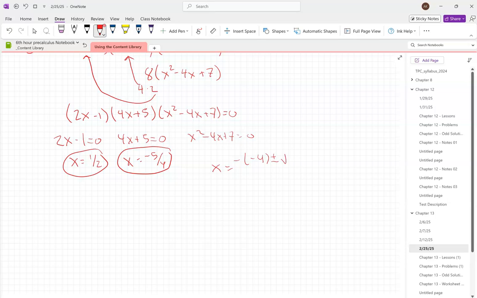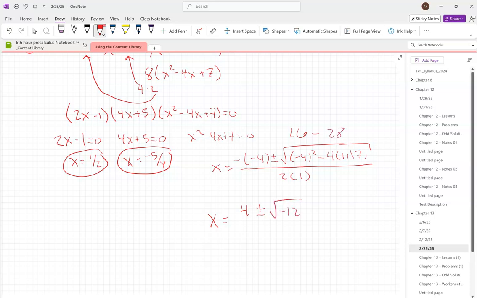So negative b plus or minus the square root of b squared minus 4ac, all over 2 times a. Now, 4 squared is 16, and then 4 times 7 times 1 is 28. So that's the square root of negative 12 then.